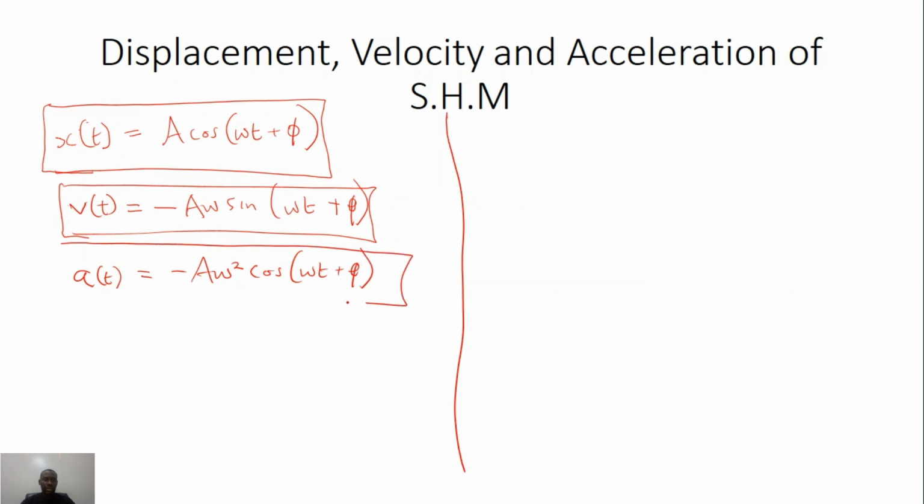Okay, so this expresses the linear acceleration of a body undergoing simple harmonic motion. Now, we've known the displacement, velocity, and the acceleration. How does this vary in a body undergoing simple harmonic motion at different points in time?